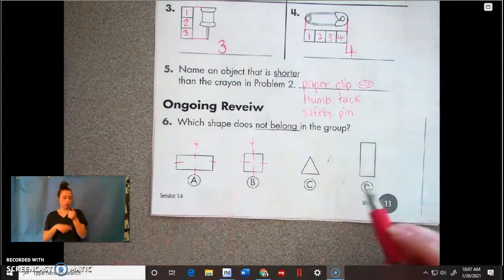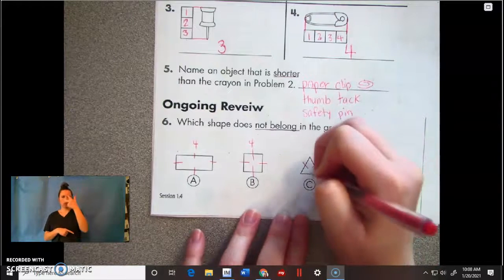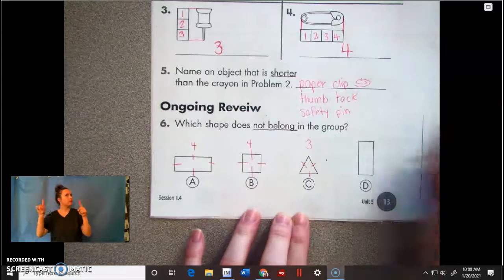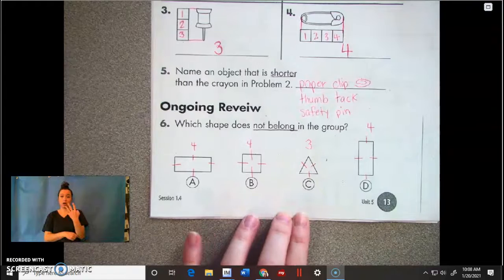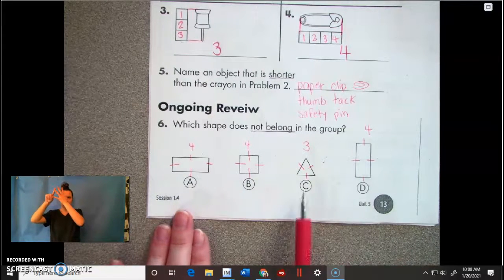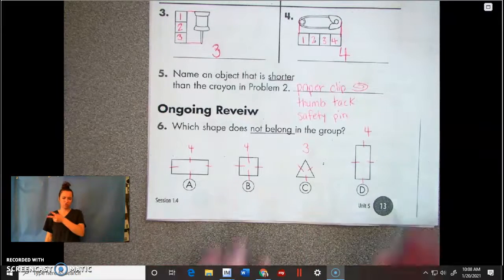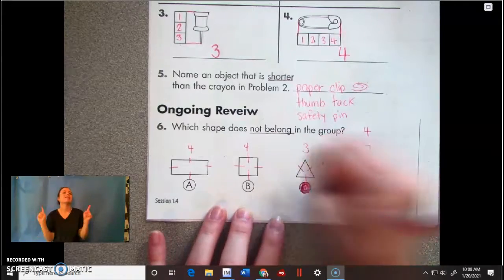The triangle, how many sides does it have? It only has 3. And this rectangle, we know, has 4. So these 3 all have the same sides. So which one does not belong? Good. C does not belong because it only has 3 sides.